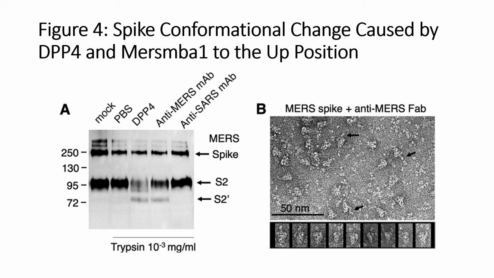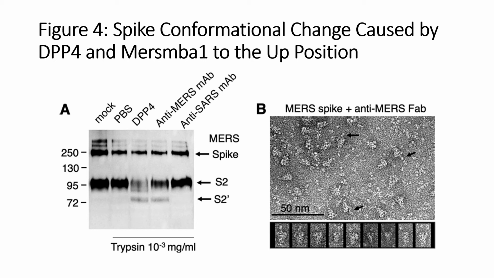But the spikes underwent the second cleavage at the S2 site, which is labeled S2 prime in figure 4A, if DPP4 was present. So from this, they suggested that the S1/S2 site was accessible to proteases in the free form of the spike, but DPP4 binding triggers a conformational change of the spike that exposes the S2 site for cleavage.